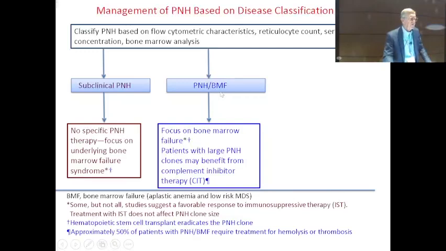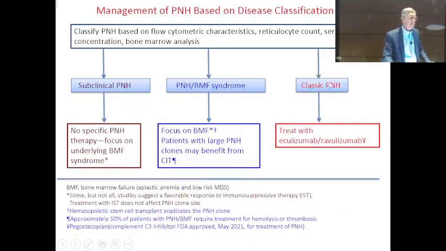Then in patients with PNH and bone marrow failure, again, most of the emphasis here is on treating the bone marrow failure, but some patients who fall into this category will require some form of PNH therapy, either anti-complement therapy or anticoagulation therapy. And then the classic PNH, this is when patients benefit a great deal from treatment with complement inhibitory therapy.